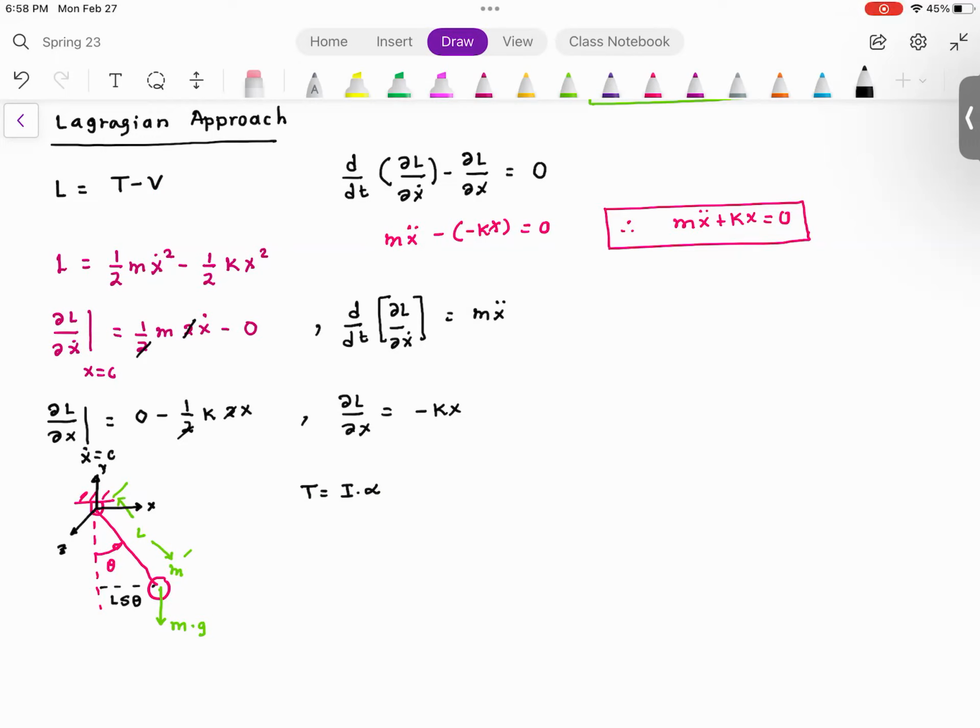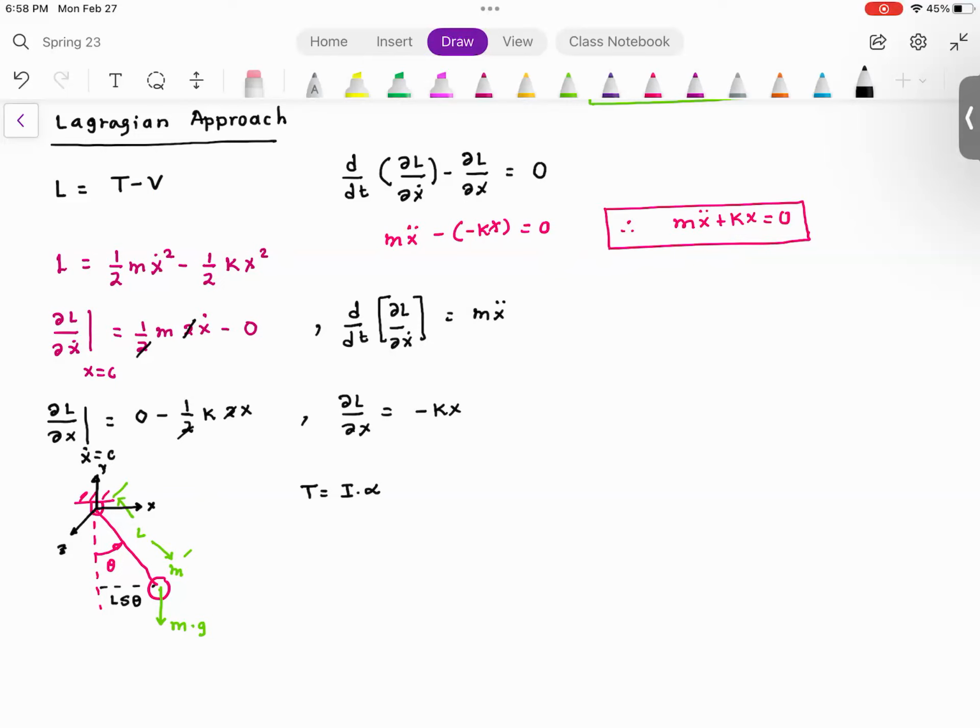It means that torque is negative. Are you with me? Curl your fingers in the direction of torque, mg multiplied by L sine theta. Can you see that this torque is going in this direction? Curl your fingers, thumb is pointing towards the board, which means that torque is negative.